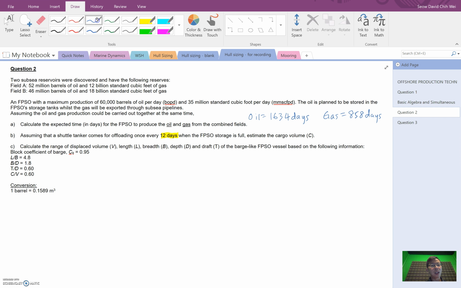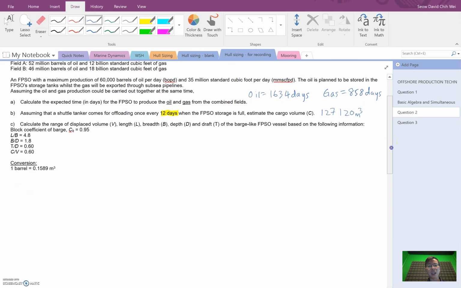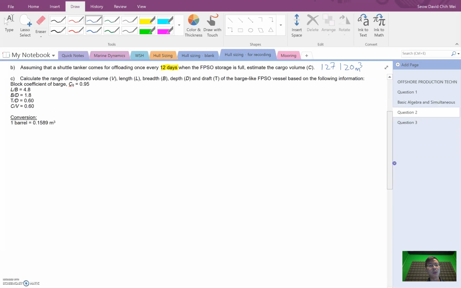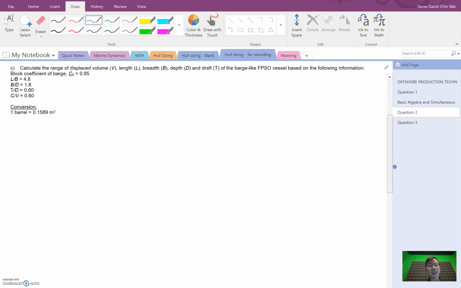And the answer for cargo volume with the safety factor of a 10% safety margin, which you have to assume, will be 127,120 meter cube.